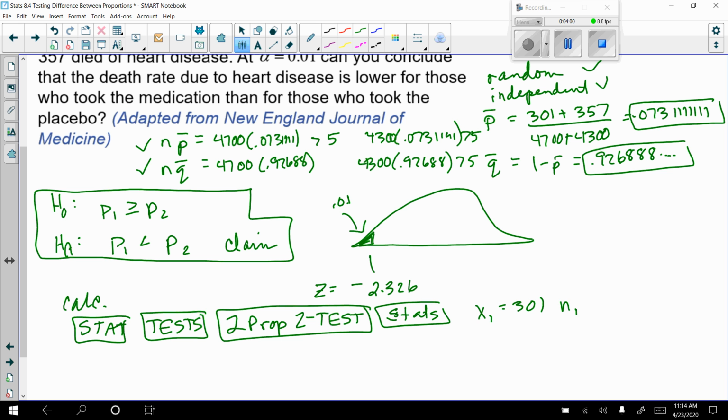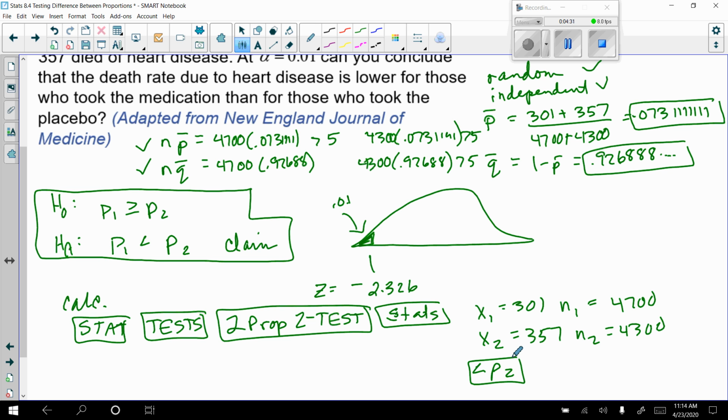My n sub 1 is 4,700. My x sub 2 is 357. N sub 2 is 4,300. I'm going to do a less than P2 option and calculate.